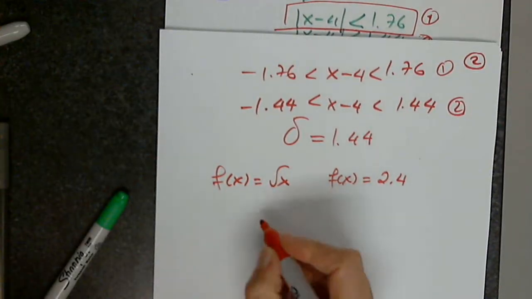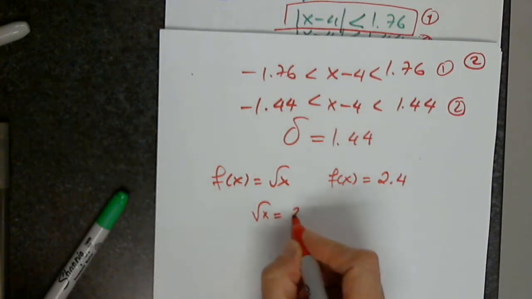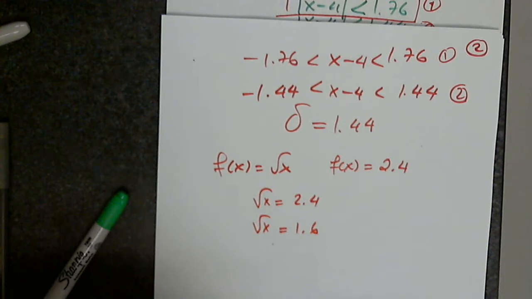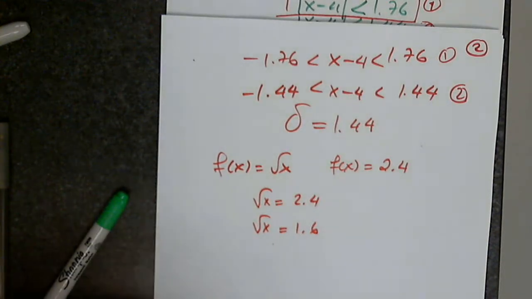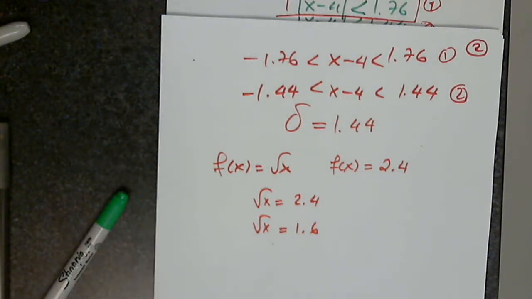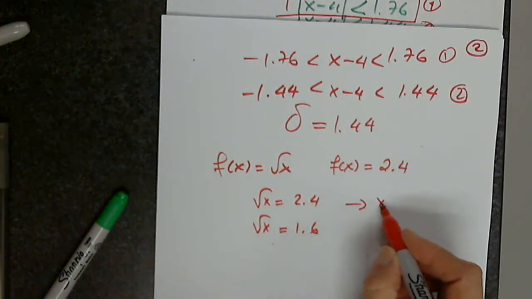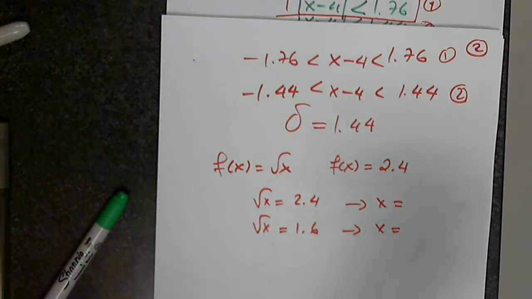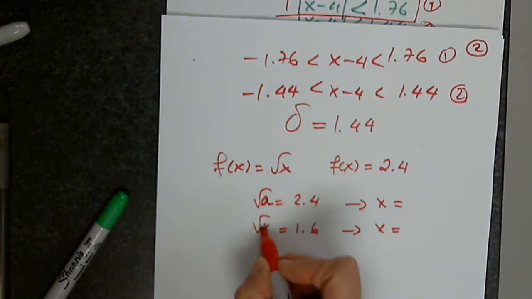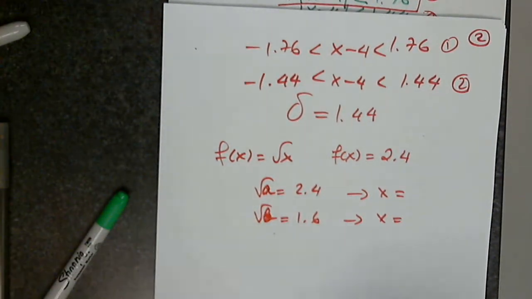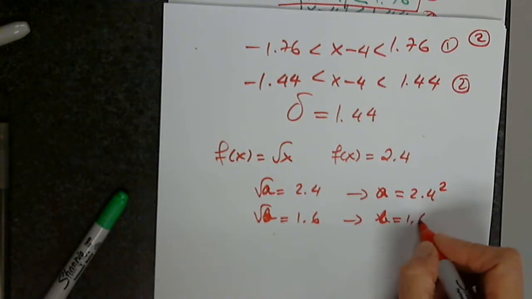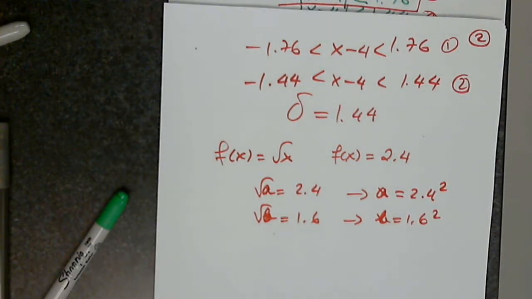So the square root of x equals 2.4, and the square root of x equals 1.6. And we're asked to find x. Maybe I shouldn't have written x because it's a value that I don't know. I'm going to call it a, and I'm going to call this b. So then my a will be 2.4 squared, and my b will be 1.6 squared.